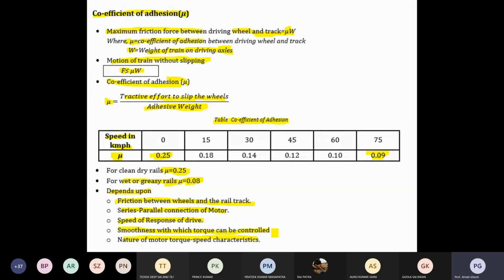The nature of the motor torque-speed characteristic means which type of motor you are using.